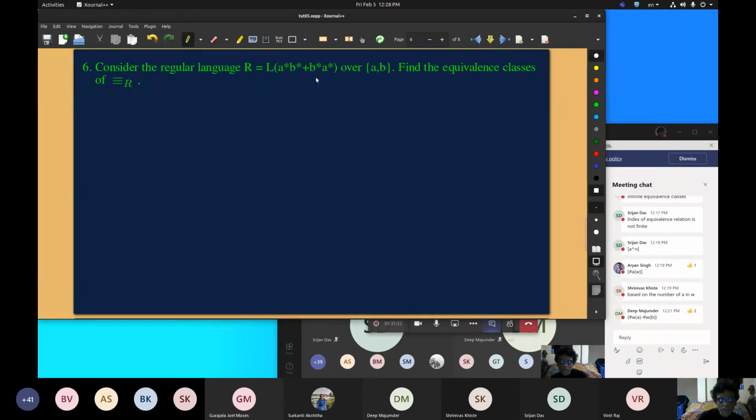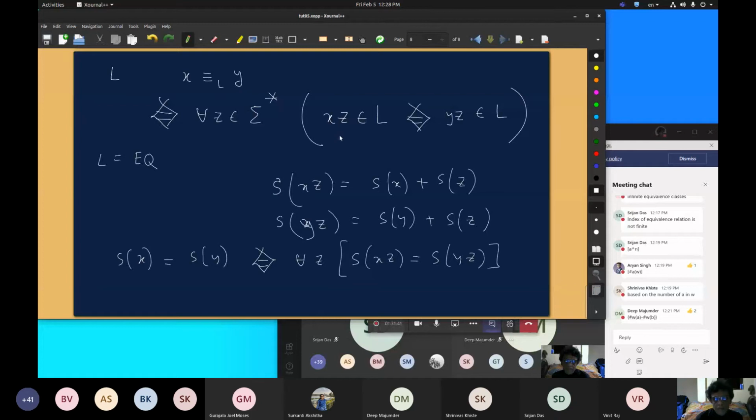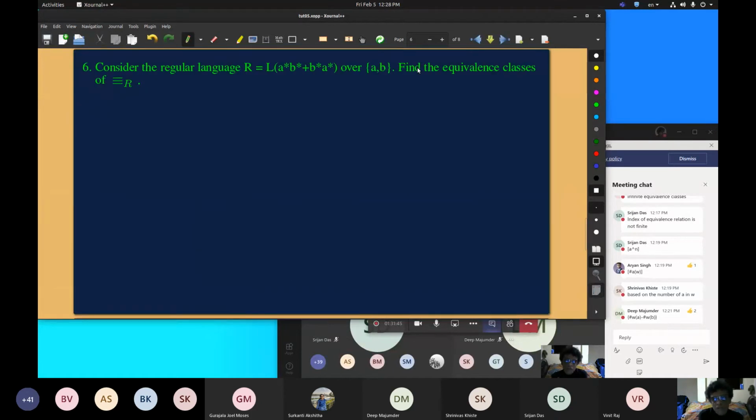A star B star plus B star A star. So what are the equivalence classes? With respect to this definition. Not with respect to a machine, no machine is involved in this context. So given the language, you are defining the equivalence.